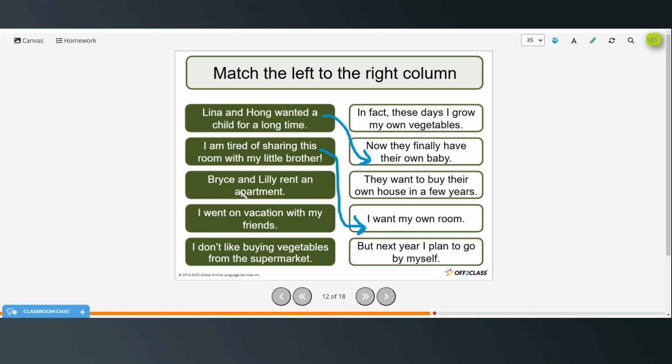Bryce and Lily rent an apartment. They want to buy their own house in a few years. I went on vacation with my friends, but next year I plan to go by myself. And I don't like buying vegetables from the supermarket. In fact, these days I grow my own vegetables.